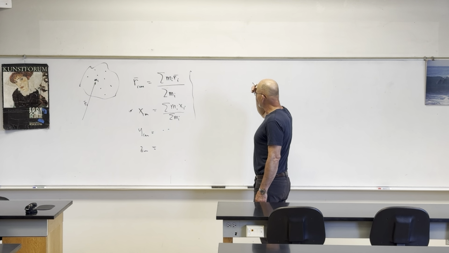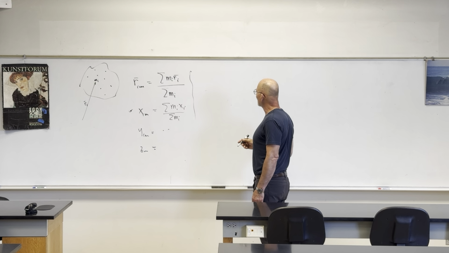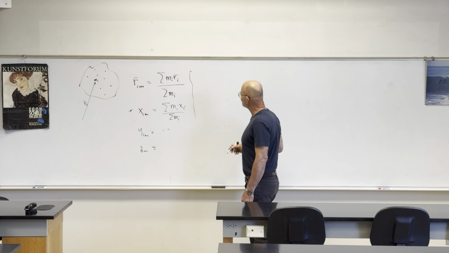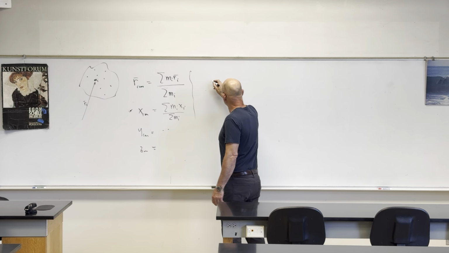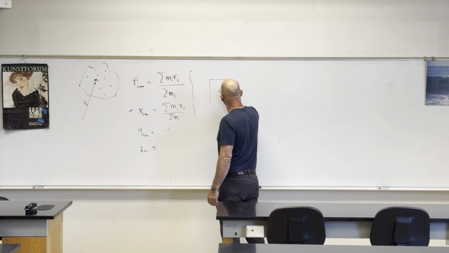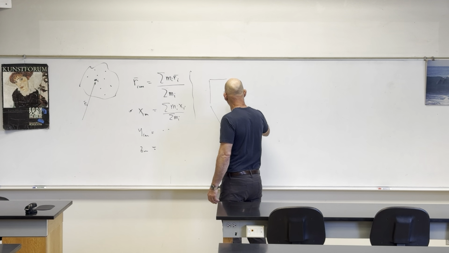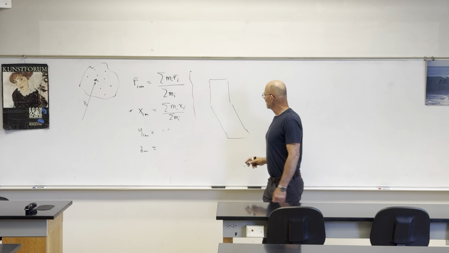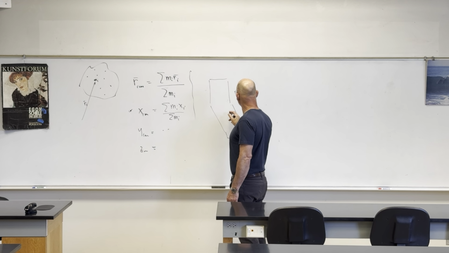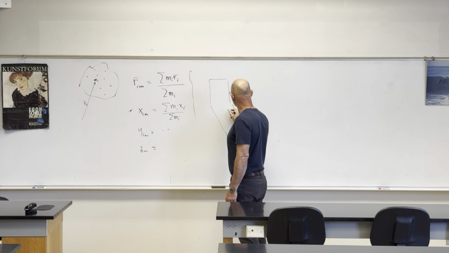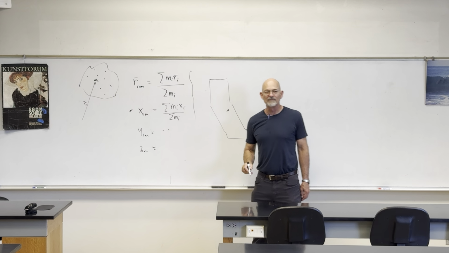We have some great demos downstairs. I should bring some of them up. An interesting one: we have this cutout map of California, roughly like this. And the center of mass of California is somewhere around here, not far from where we live.